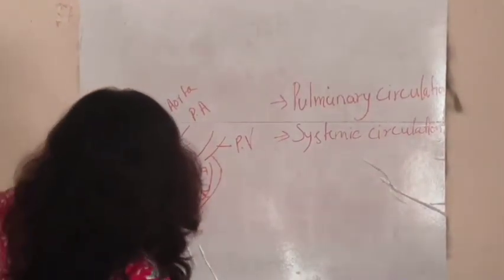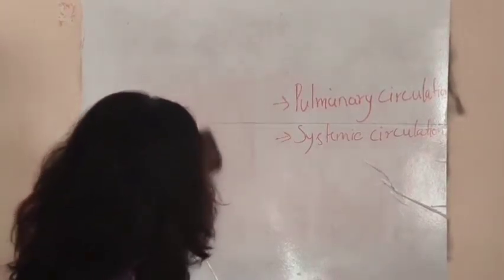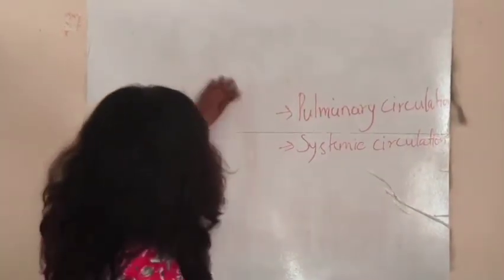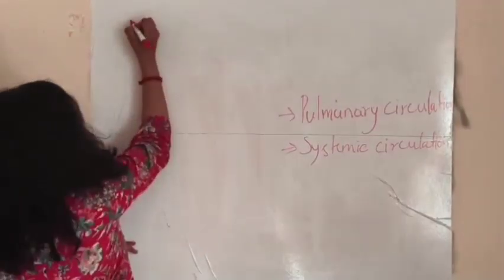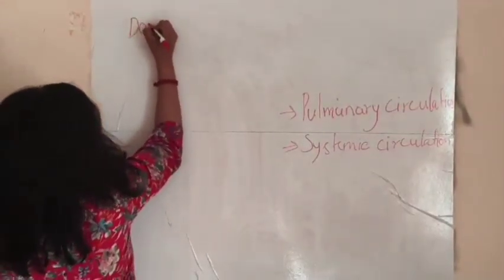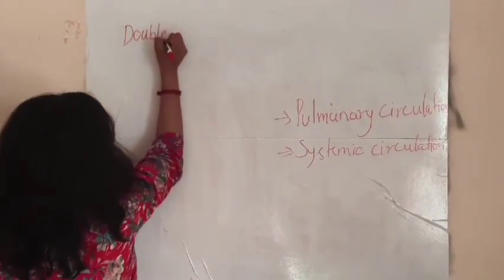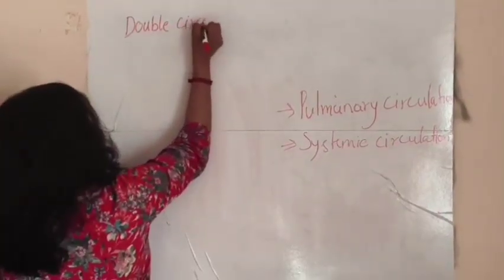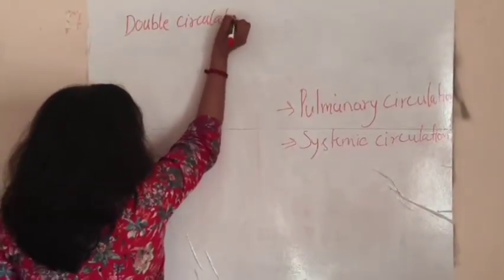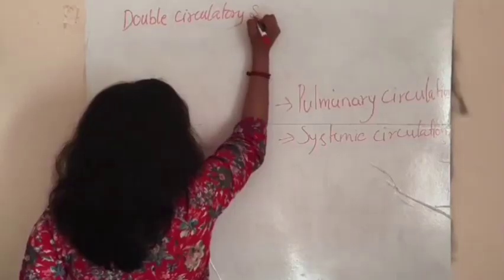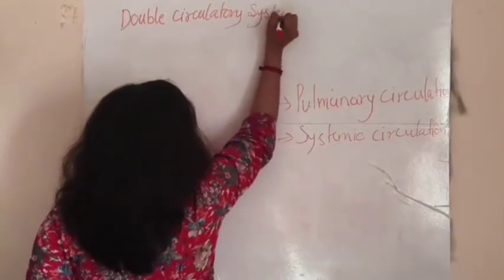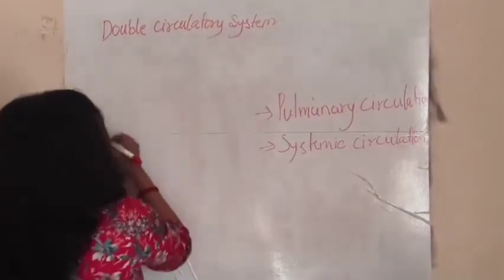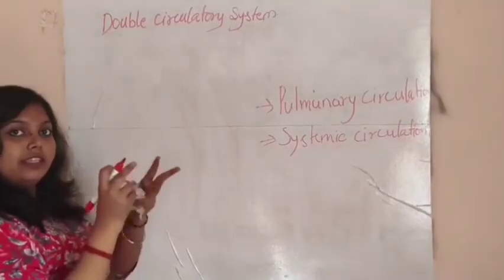Okay, so now let's make it easy for you to understand. The double circulatory system. We learnt about veins, arteries and capillaries.